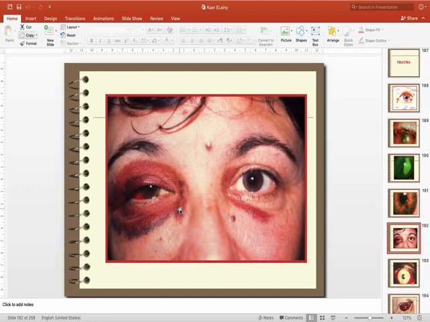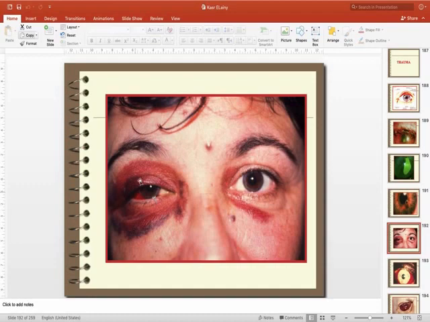So the most common cause of this is trauma, and in case of history of trauma, you have to fully examine the eye systematically. You have to start with the vision, the pupil, the intraocular pressure, the ocular motility, the pupil reactivity, and you have to meticulously examine the eye, the cornea, the anterior segment, the posterior segment, to search for the possible effect of trauma.